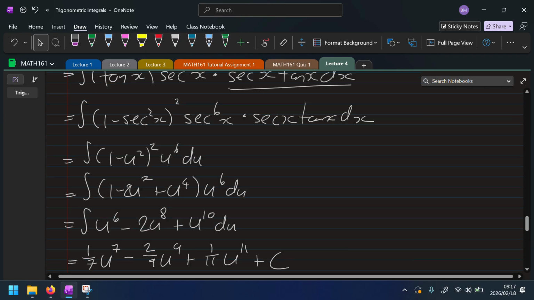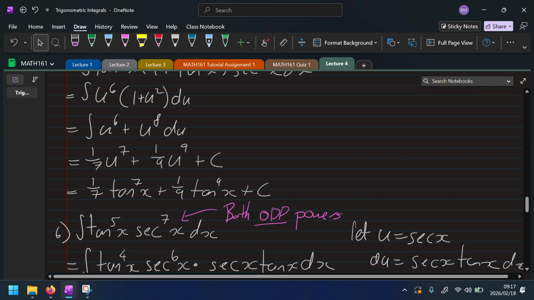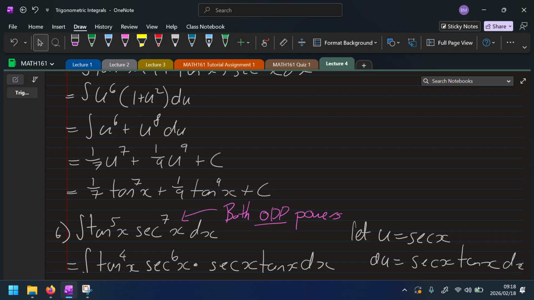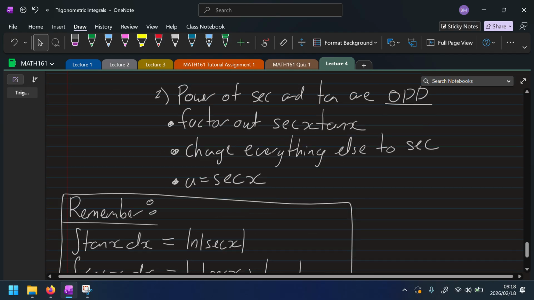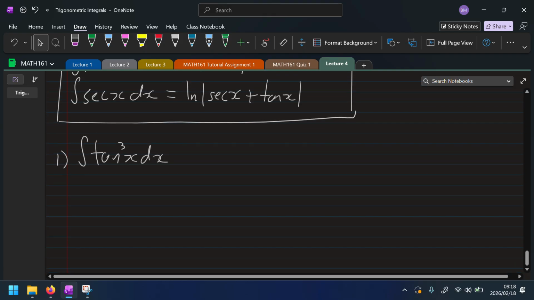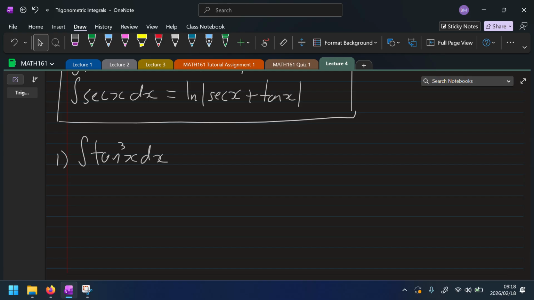Because remember here, if we look at these problems, this is when we had odd powers, but sec was included. We needed that sec there to factor out the sec x tan x. Over here, for this problem, there is no sec. We can't factor out sec x tan x. Okay, so we need to do something else.